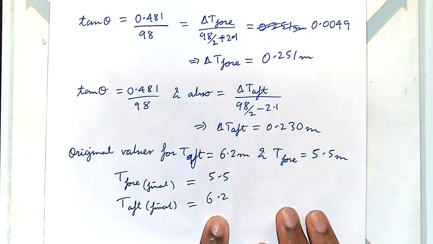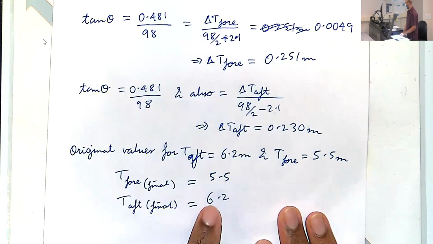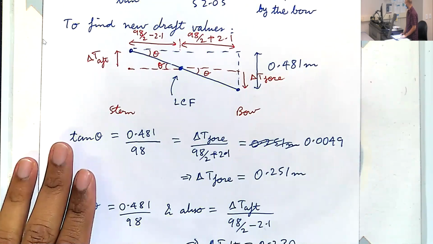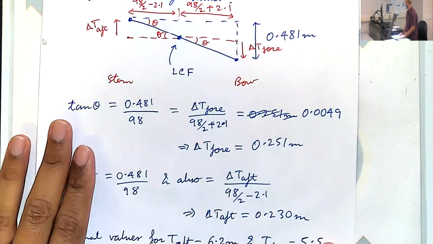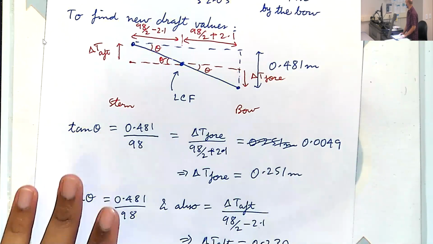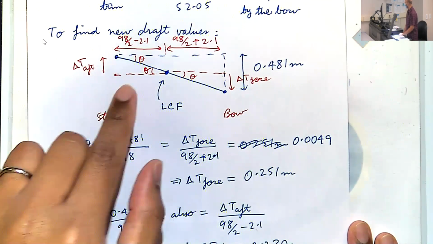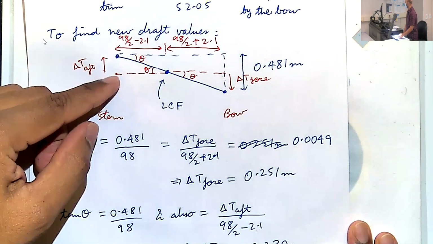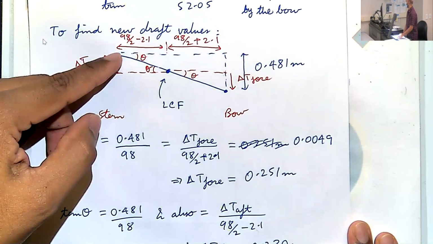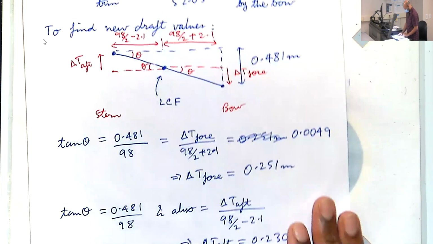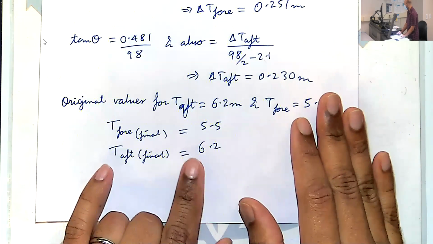Yes. Yeah, and that's correct. Wait, let me see. I think it's the opposite way. Okay, so see, what has happened? Our initial water line was here. Now the water line is higher up. So we have increased the aft draft. So we will add for the aft.